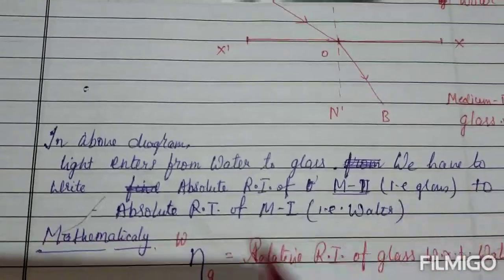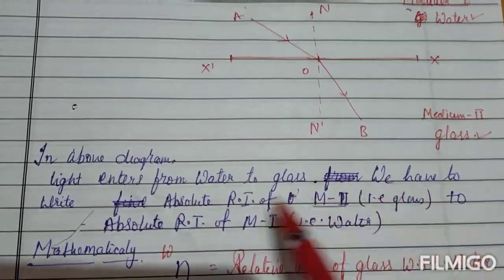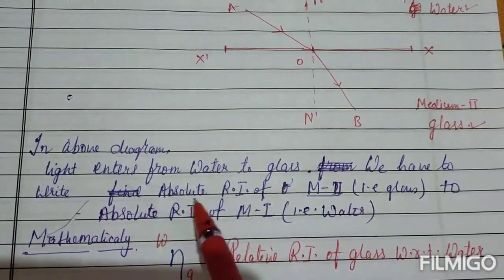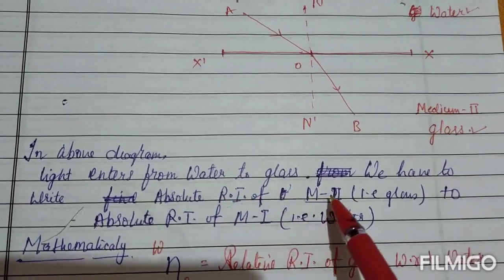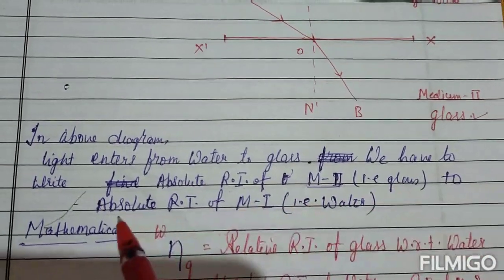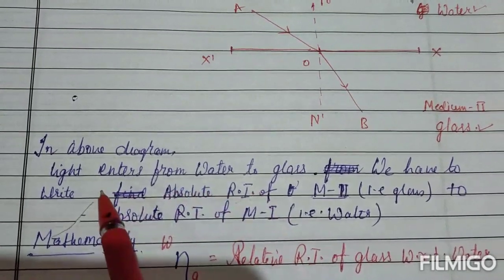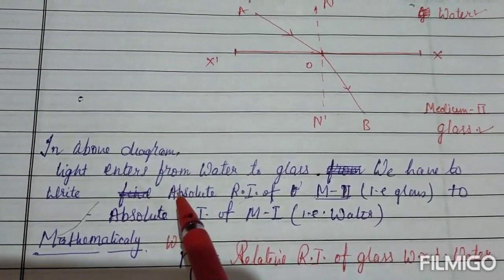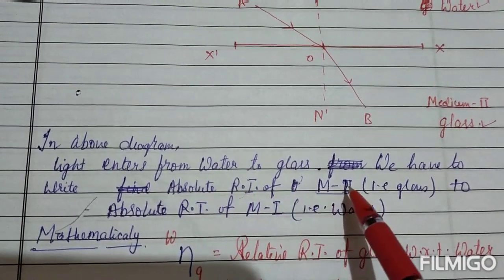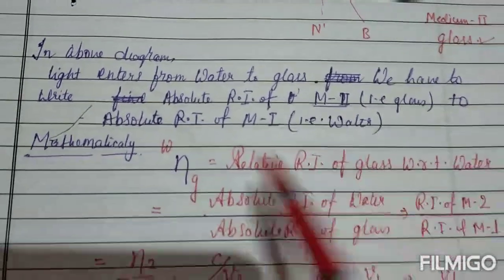Now what happens? In the above diagram, light enters from water to glass. For relative refractive index we have to write the absolute refractive index of medium 2 divided by the absolute refractive index of medium 1.